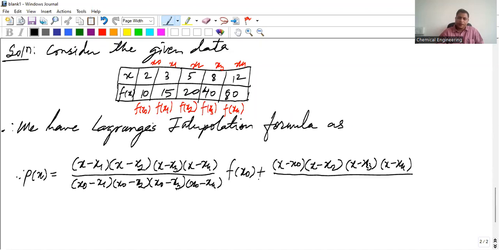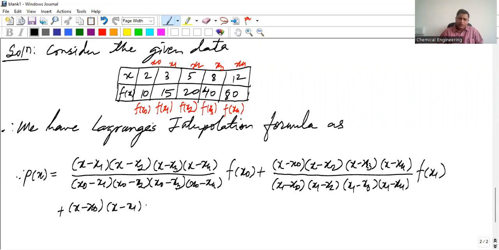And here we have x1 minus x0, x1 minus x2, x1 minus x3, x1 minus x4, and we have f of x1, plus x minus x0, x minus x1. This term corresponds to x2. So x minus x3, x minus x4.